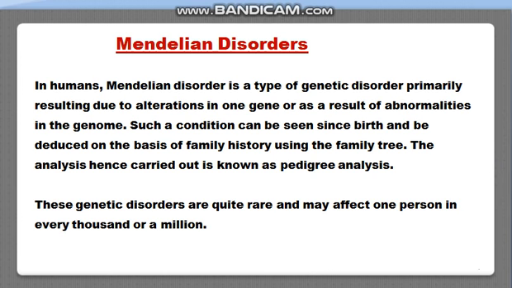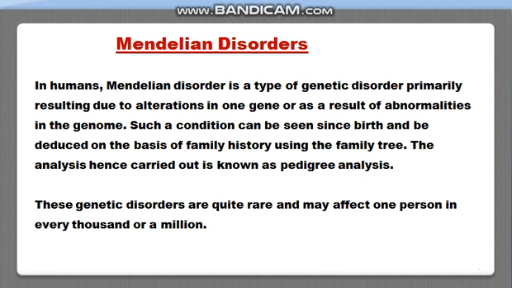So Mendelian disorders are basically because of the alteration in one gene or in the whole genome, and this condition is present at the time of birth, and we can study these disorders on the basis of the family history using the family tree. Such a study, according to the family history in a family tree, is known as pedigree analysis.